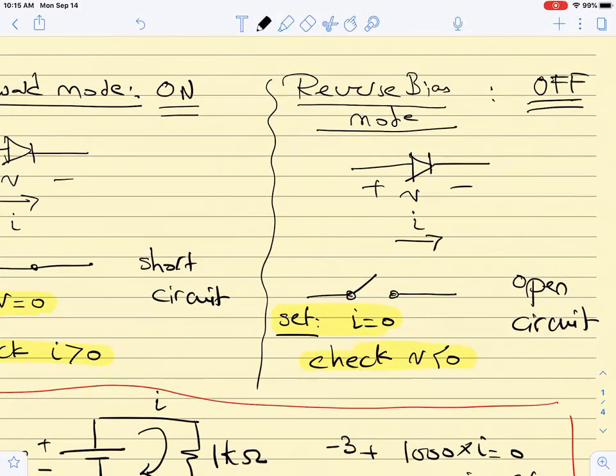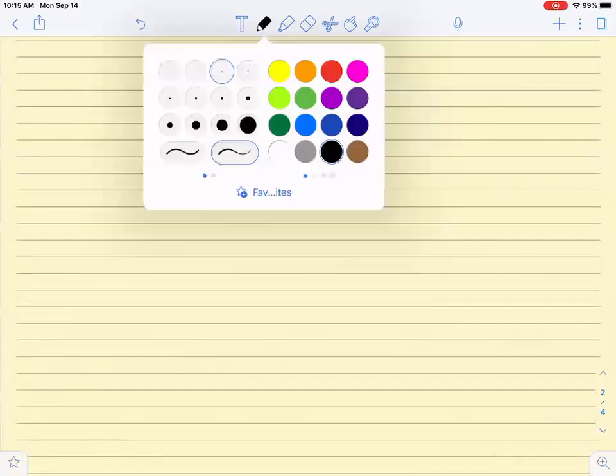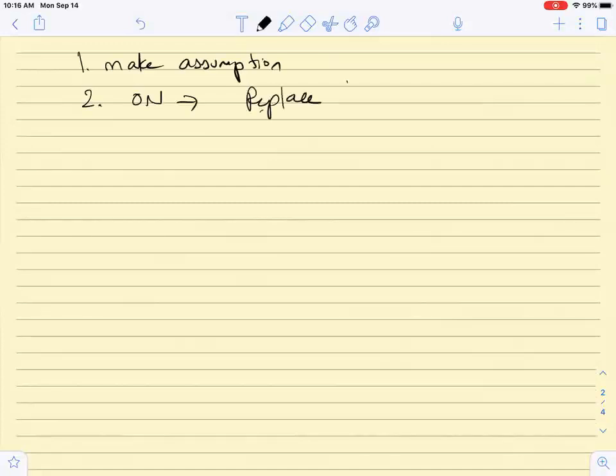So the process to deal with the diode in a circuit is by making an assumption. Number one, we make an assumption. If the assumption is on, replace the diode by a short, meaning V equal to 0, then solve and check if I is positive.